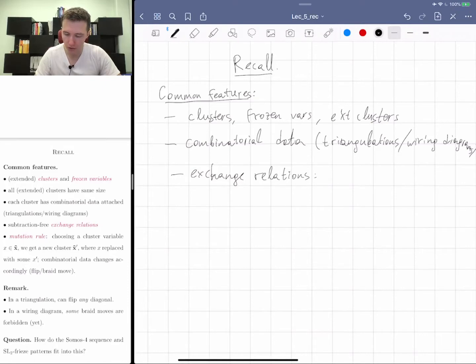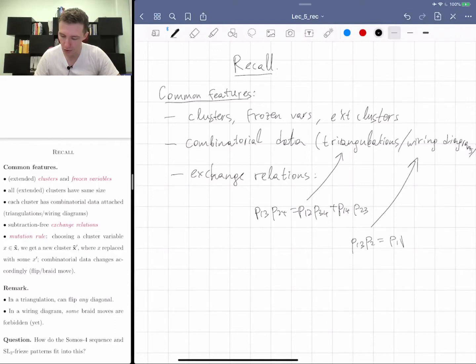For the case of triangulations, these were P13 P24 is equal to P12 P34 plus P14 P23. For wiring diagrams, this was P13 P2 is equal to P1 P23 plus P12 P3.